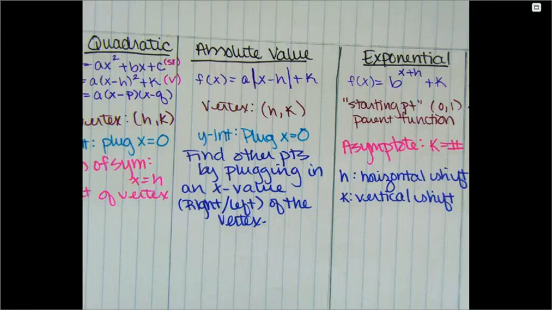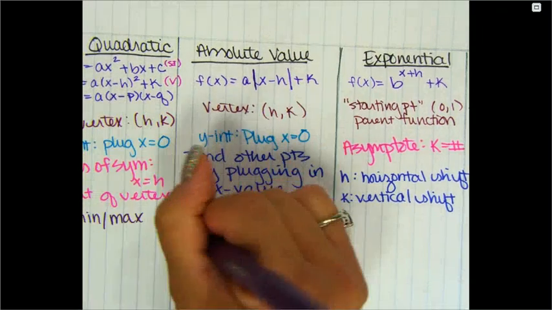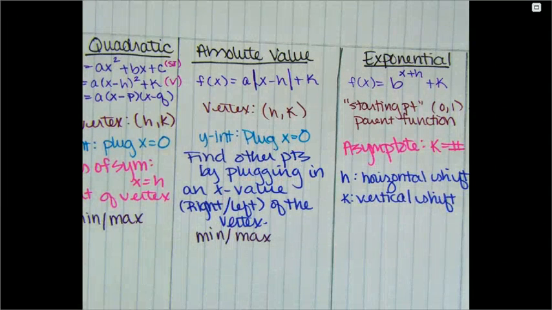Min or max? Linear and exponential do not have a min or a max because they have no turning point. All right, let's think about this. What else do they have?